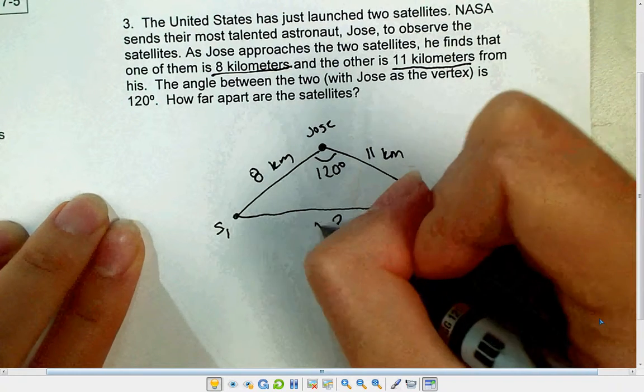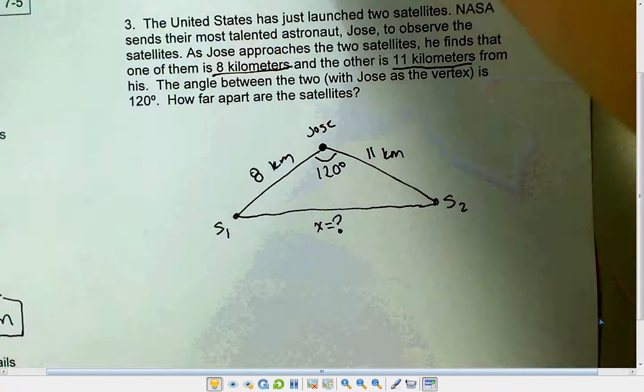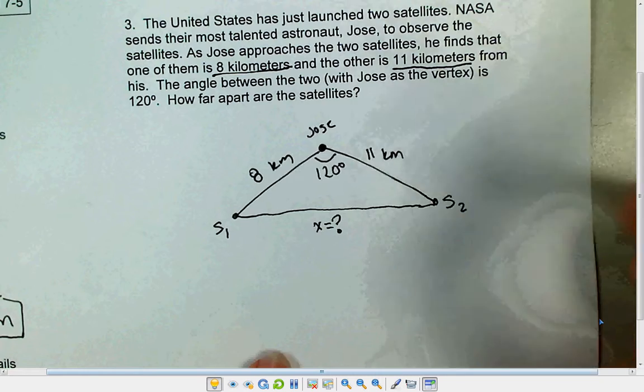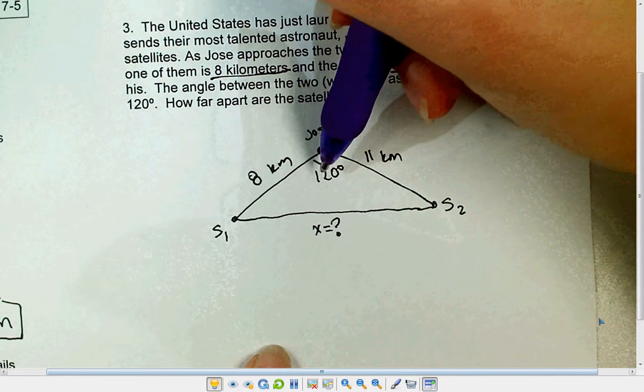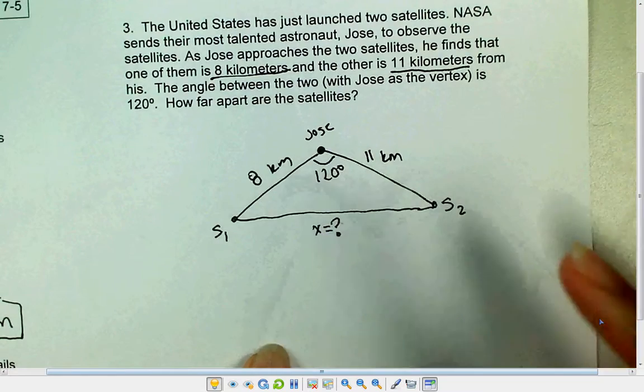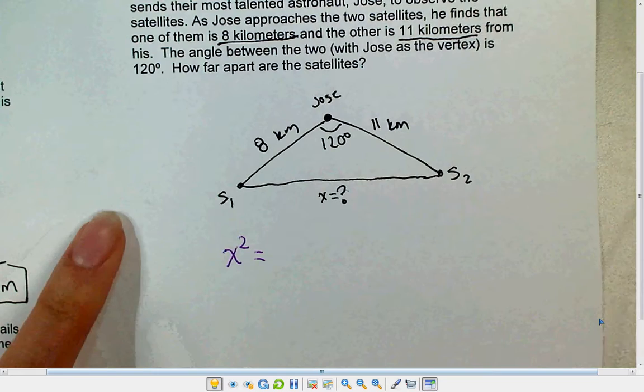So we'll call this X. Okay, so we have, it's not a right triangle, so it's not SOHCAHTOA. We know 2 sides and an included angle, so we're going to be using law of cosines to find this right here. Because we're looking for a side, we're going to use the equation for side, not for angle.